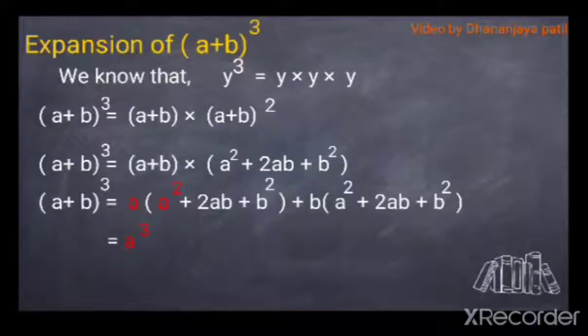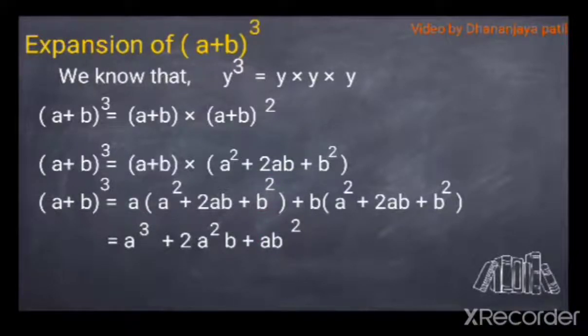Then multiply a with the second term, we get 2a square b, and with the third term it is a into b square. Now the next multiplication, b into this bracket. So b into a square becomes a square b, b into 2ab becomes 2ab square, and b into b square is equal to b cube.